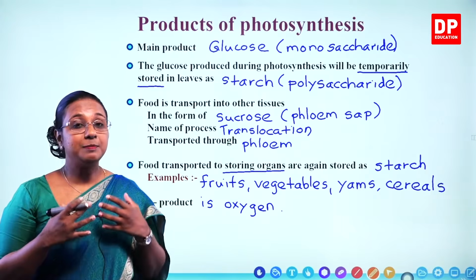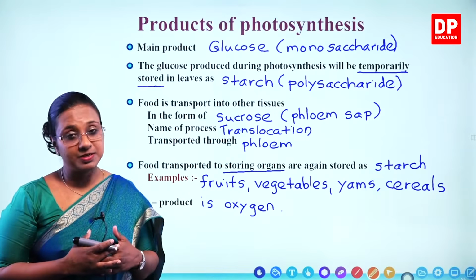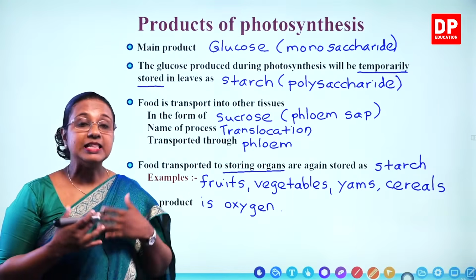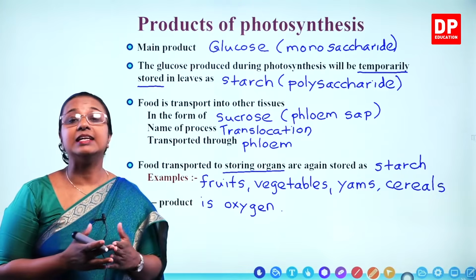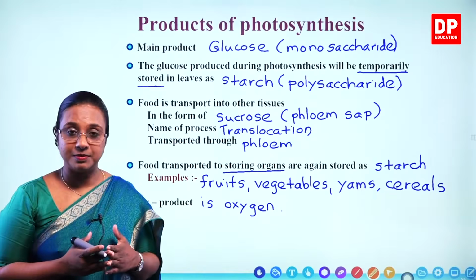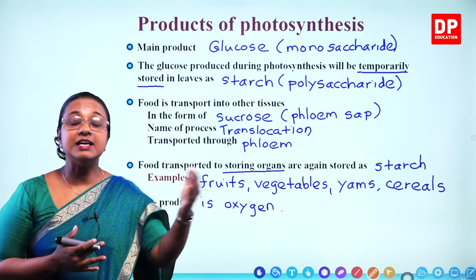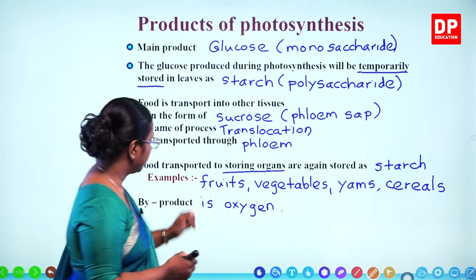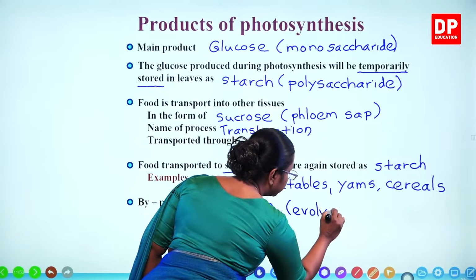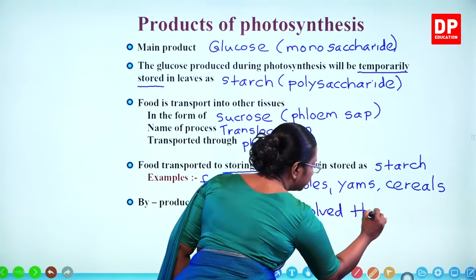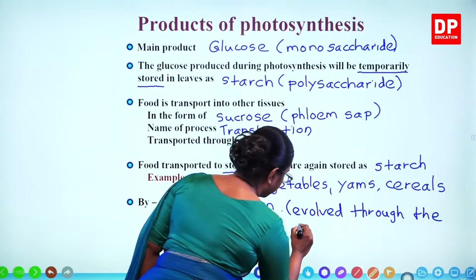So there the plants, while producing food, they also clean the atmosphere. When we say clean, they help to maintain a balance between oxygen and carbon dioxide in the atmosphere. Reduce the carbon dioxide amount and increase the amount of oxygen. So here this is evolved through the stomata.